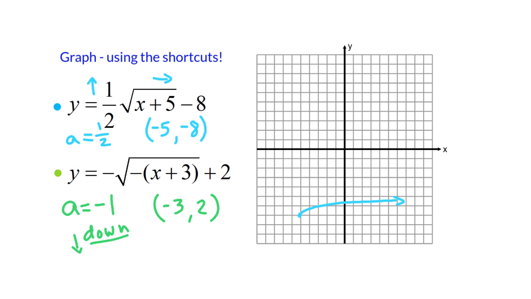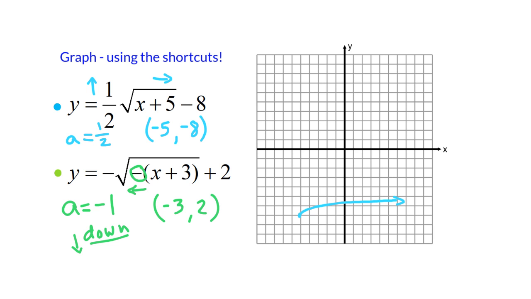It's going down because that A is negative. This negative right here tells us it's going to be going left. And because this A value is not greater than 1 or less than 1, it is just 1, it's exactly the same narrowness or wideness as the parent function.